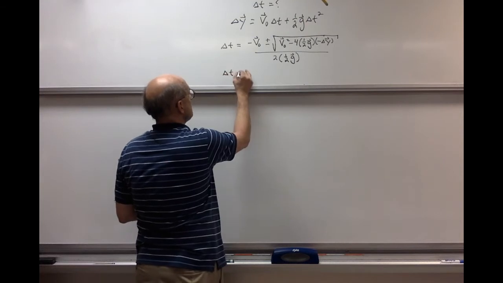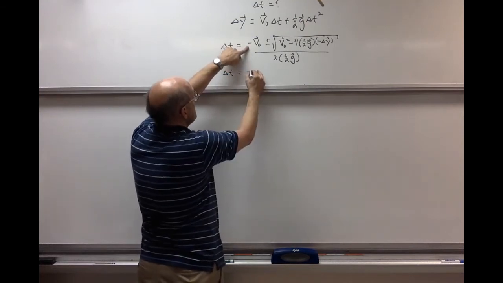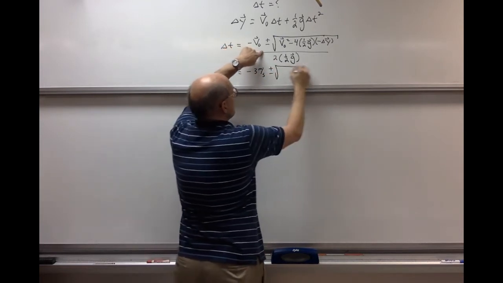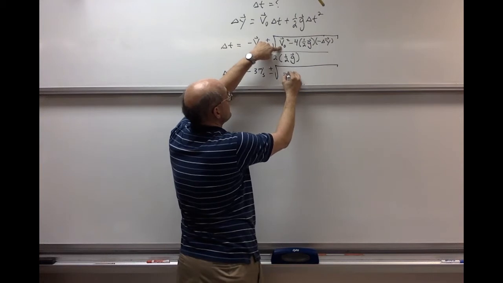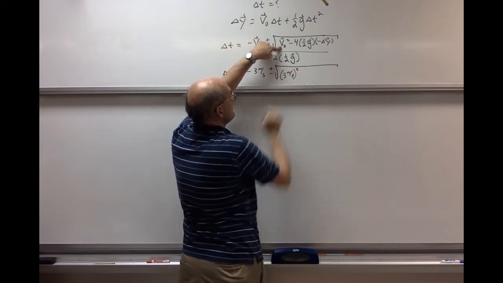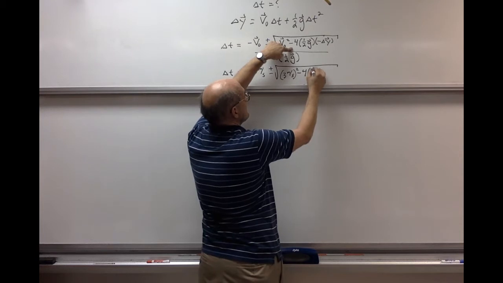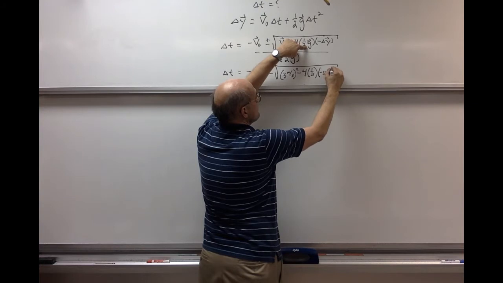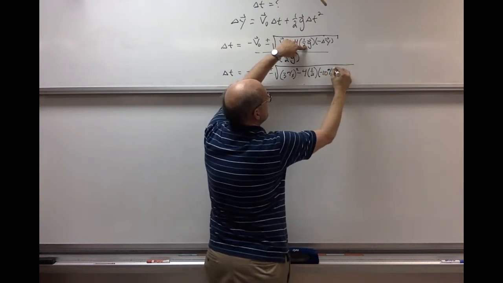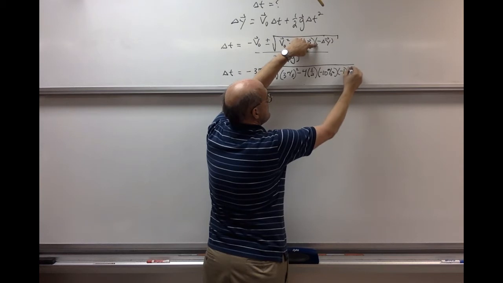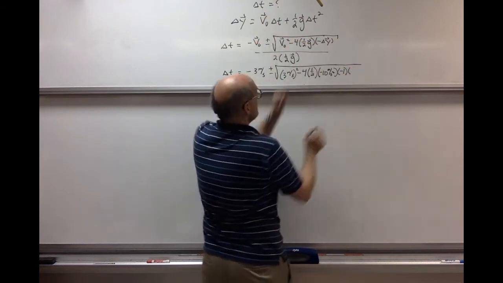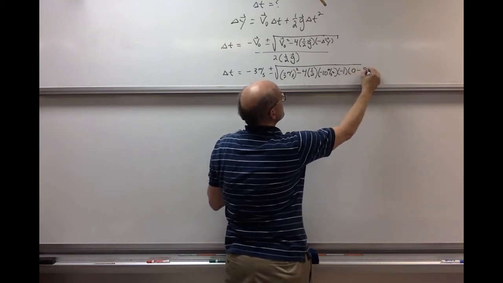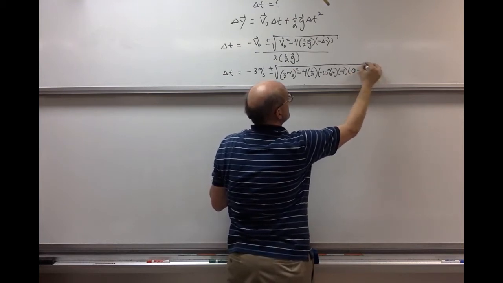Okay, substituting negative VO, so we have negative 3 meters per second, plus or minus the square root of 3 meters per second squared, minus 4 times 1/2 G, which is negative 10 meters per second squared, times negative 1 times delta y, which would be YF, which is 0, minus Y original, which is 9.5 meters.